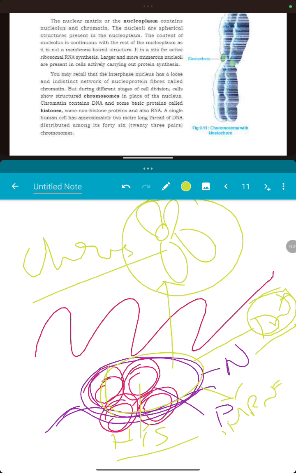So some proteins are required to transfer and process this information as mRNA.